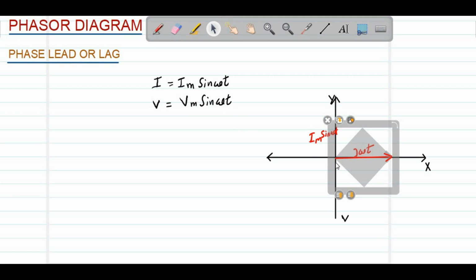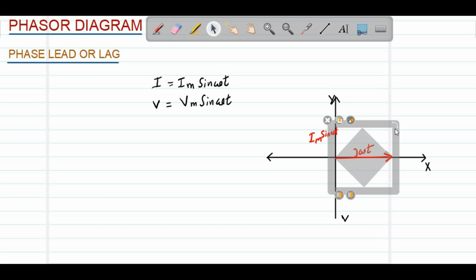Again when the vector rotates further, at 270 degrees, gradually the current will increase in the opposite direction and become maximum, minus Im. When it rotates further towards 360 degrees, the instantaneous value of current I will decrease, and finally at 360 degrees, at this position, current again becomes 0.